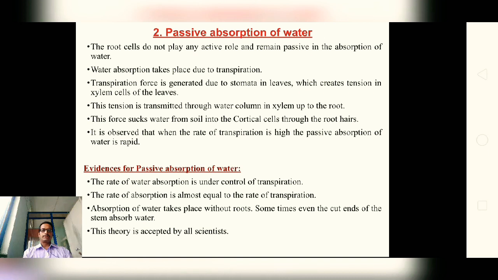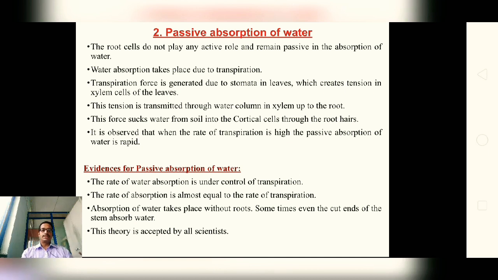This theory believes that the root cells do not play any active role and remain passive. This basically takes place due to the transpiration process. During transpiration, a force is generated due to the stomata in the leaves, which creates a tension in the xylem cells of the leaves.